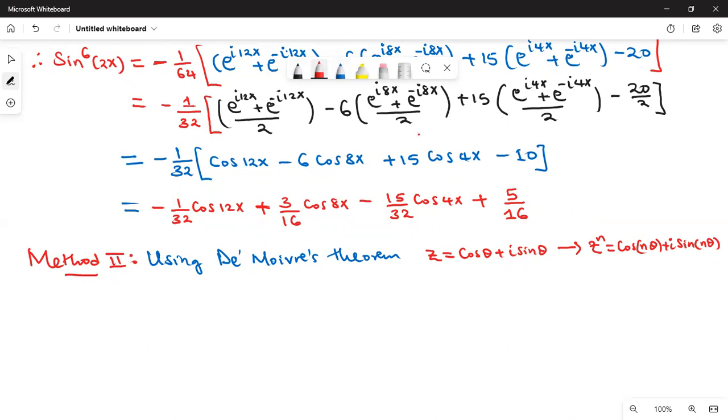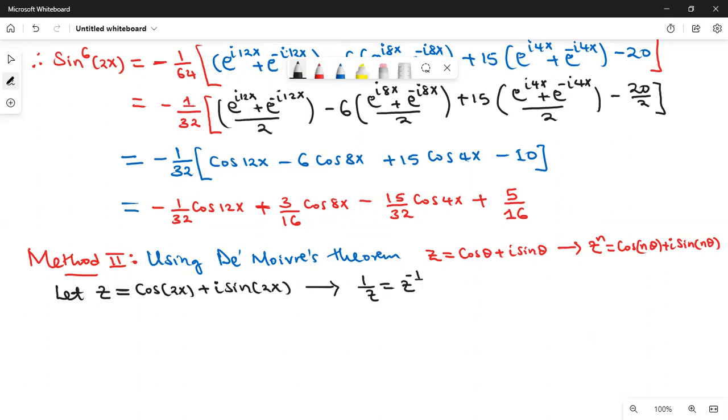So now, this is what we say. We're going to let z be equal to cosine of 2x plus i sine of 2x. So this means that 1 over z is the same as z raised to negative 1.